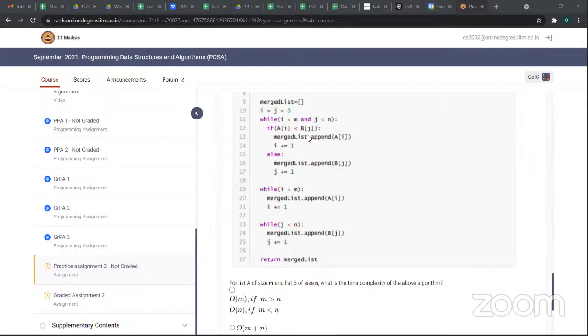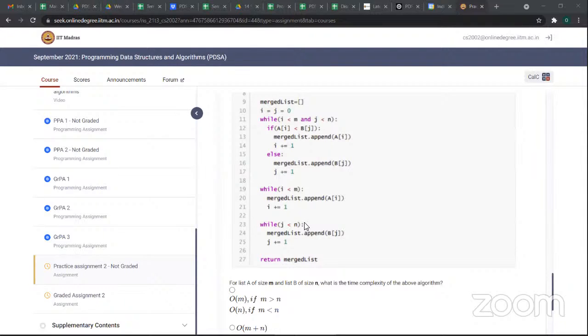It is less than m, which is definitely less than m plus n. Hence, we can ignore that. If you were calculating something with x and y over here, for example i less than x, j less than y, then we would have considered the minimum of x and y as well, because we cannot predict whether x and y will be higher than m or n.